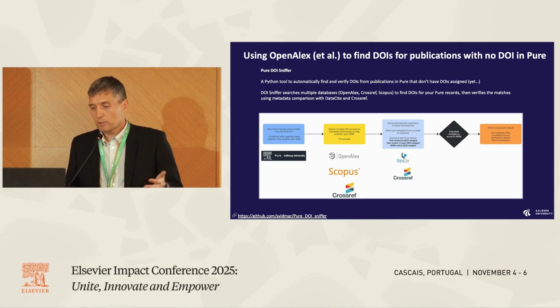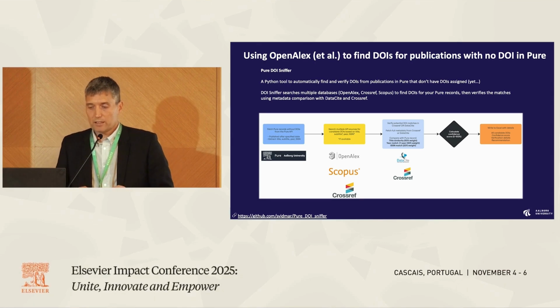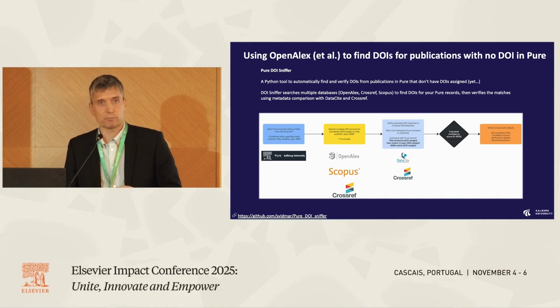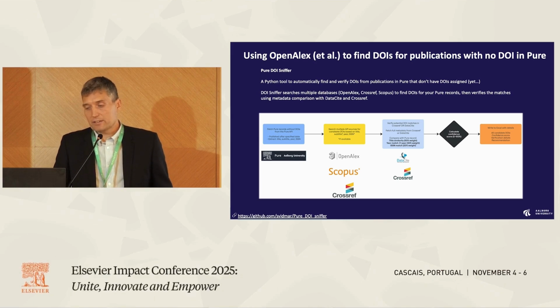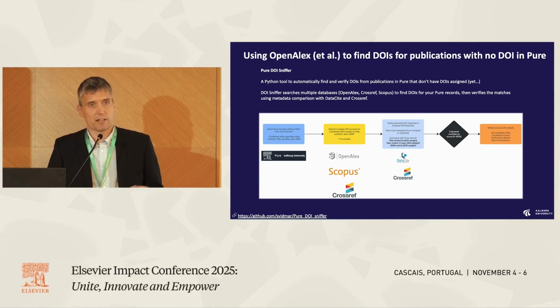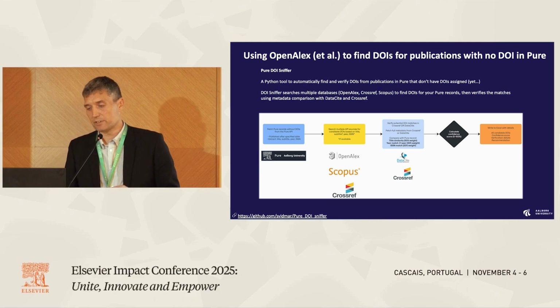So what this tool does is that it fetches publications from Pure. It fetches the title, subtitle, ISSN, and publication year, and it then tries to search in OpenAlex, Scopus, and CrossRef for any potential matches on these specific fields.